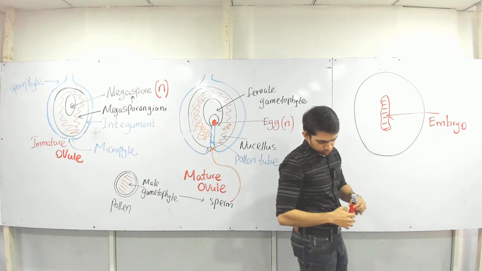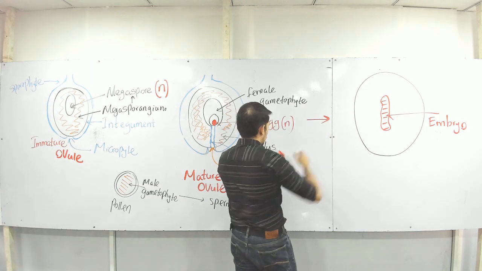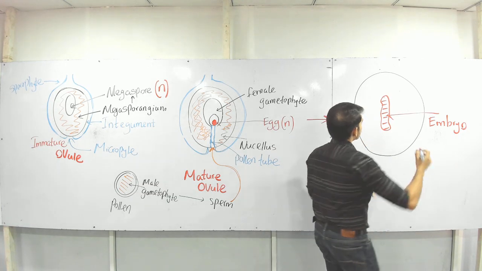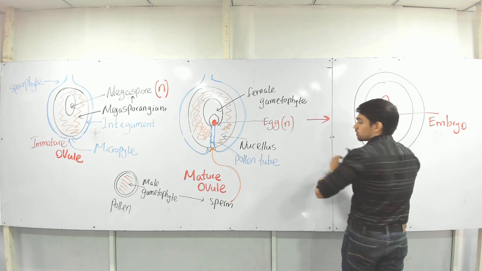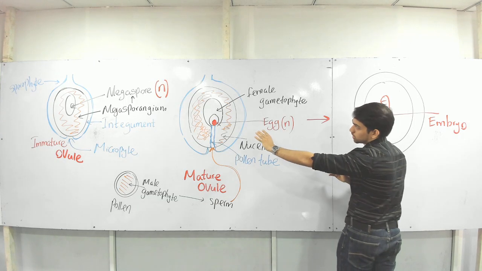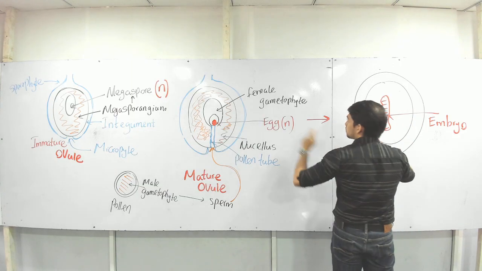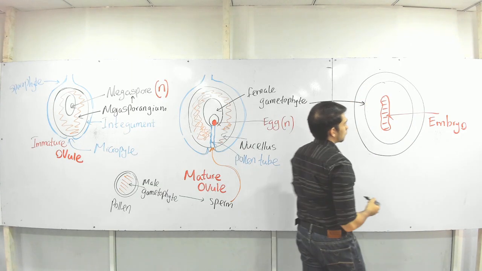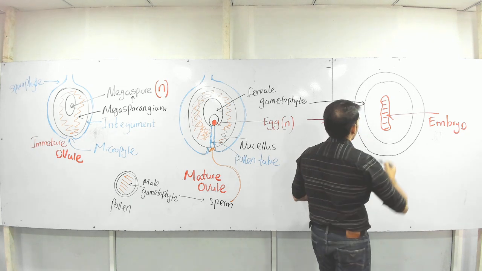So to provide nourishment to the embryo, you actually have the female gametophyte, because the fertilization occurred inside the female gametophyte. So this female gametophyte is going to become a food source for the embryo, that is called endosperm.